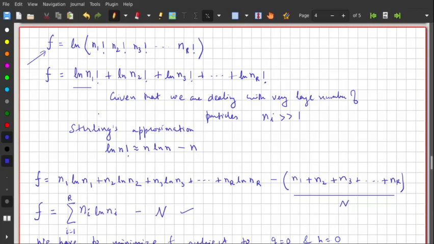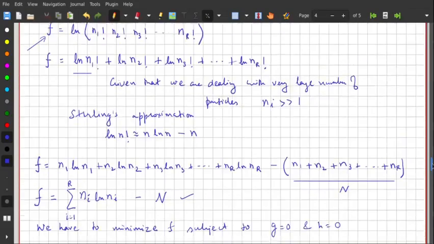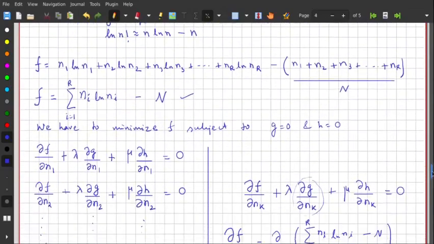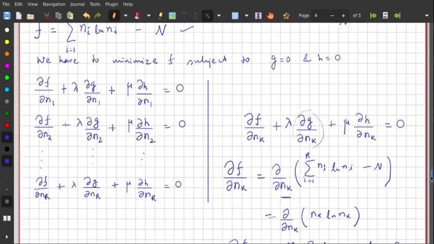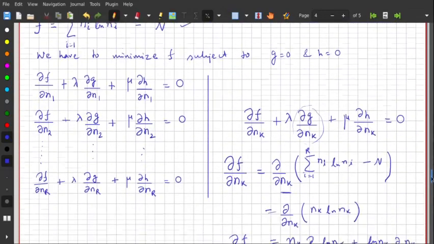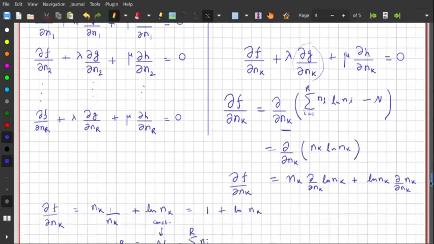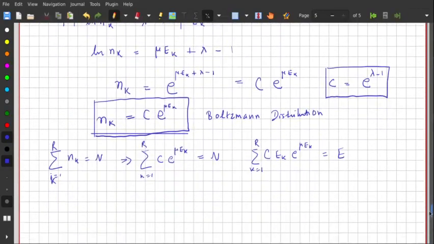And that's what we did. We converted f using Stirling's approximation. This was f, and then we had the constraints g and h, and based on the constraints we wrote the optimization problem using the Lagrange multipliers lambda and mu, and we were able to figure out the particle distribution for the kth energy state.